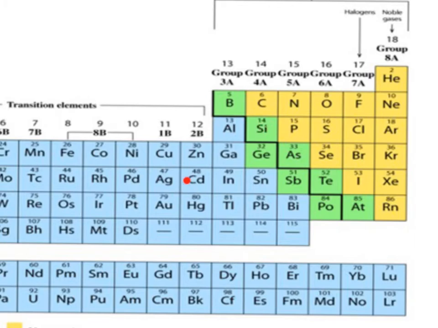We said that metals are good conductors. Nonmetals are poor conductors. Well, metalloids are semiconductors, which makes them very useful for electronics. Your computer chips are made out of silicon.